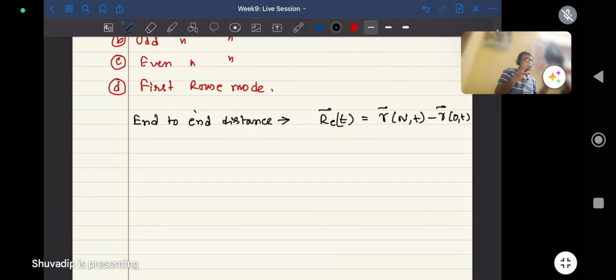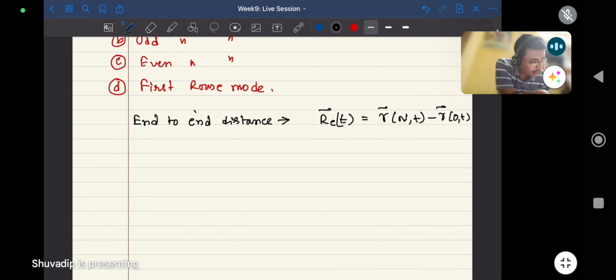So R of capital N comma t is the location of the Nth bead, one extremum of the bead chain, and R of 0 comma t is the other extremum of the chain. If we take the vector difference between those two, that will be the end-to-end distance.